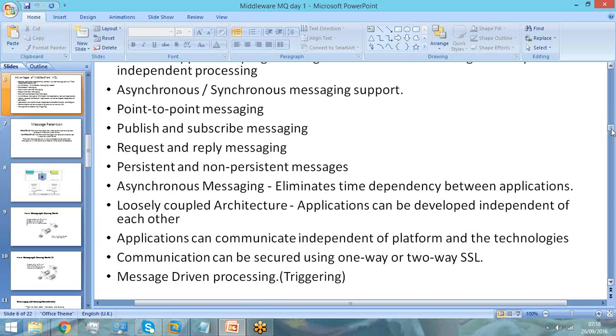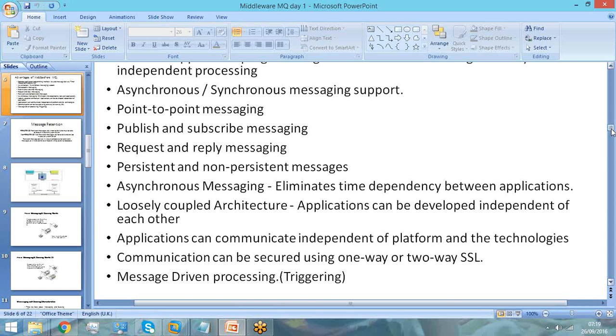How? Message security is very much prevalent in MQ. When I say Citibank is communicating with HSBC, the network is either local or it goes out through the internet, the WAN, the wide area network. So when it goes through a network outside, it has to be very secure, because financial institutions can transfer messages like payment messages.